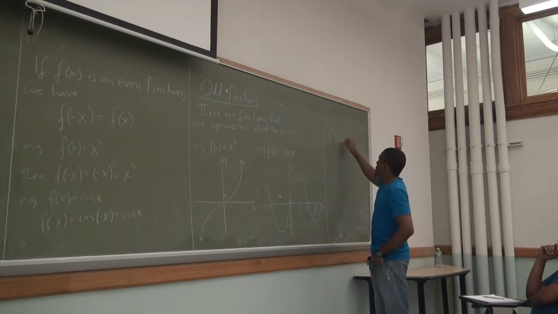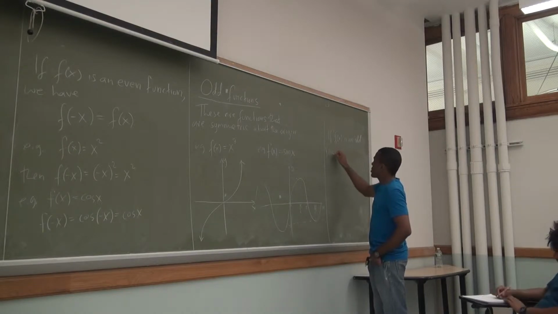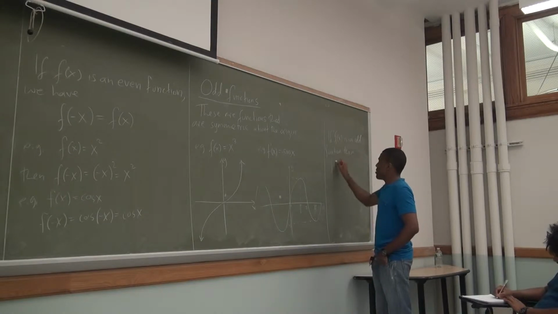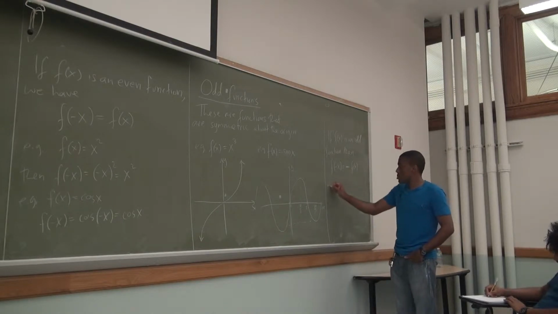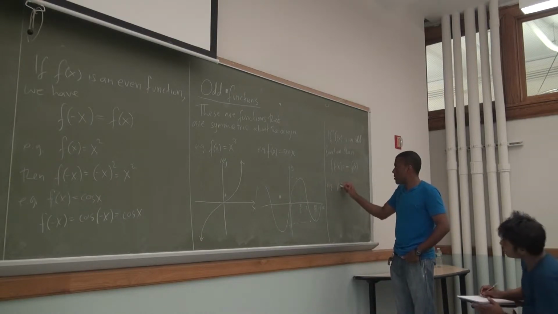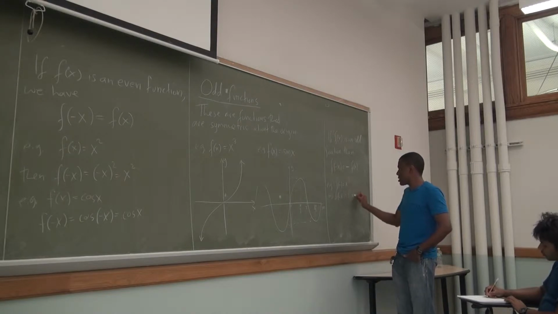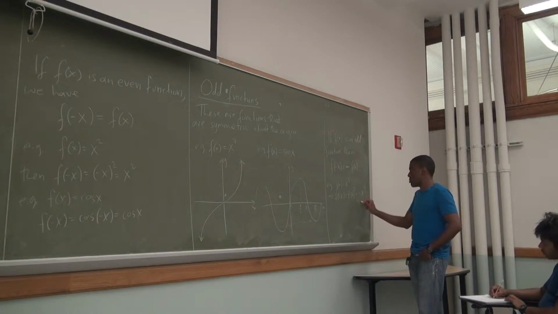If f of x is an odd function, then you would have that f of minus x is actually equal to the negative of f of x. So example, again, if my f of x equals x cubed, then notice that f of minus x is just minus x cubed, which is the same as minus f of x.